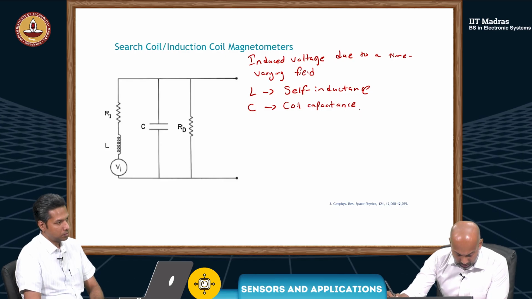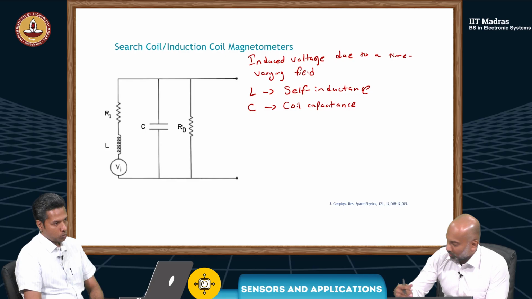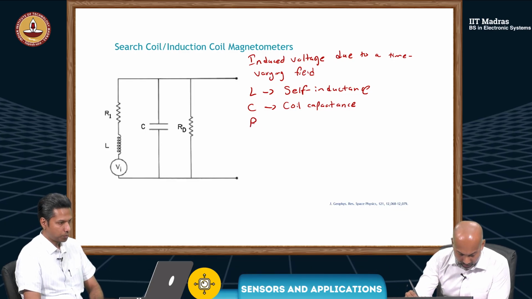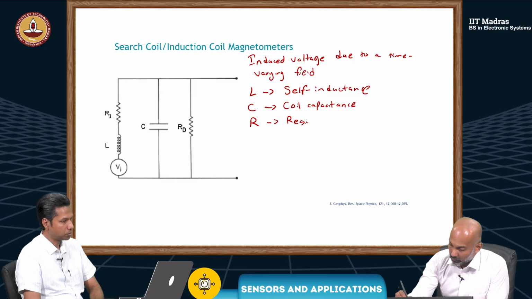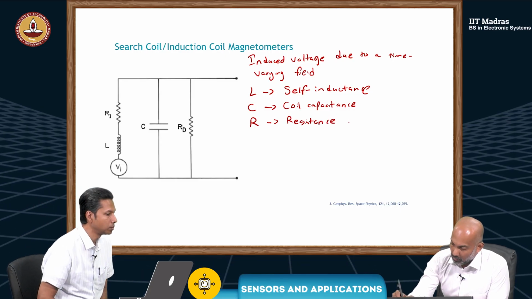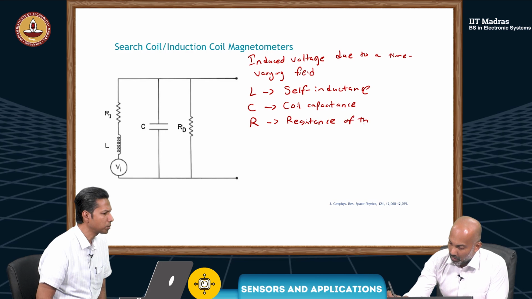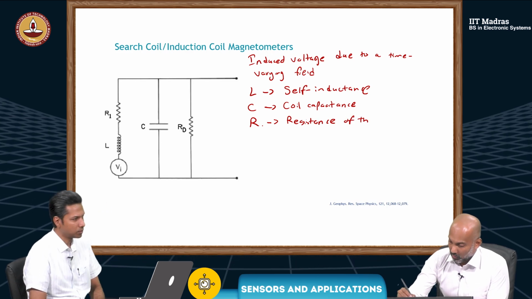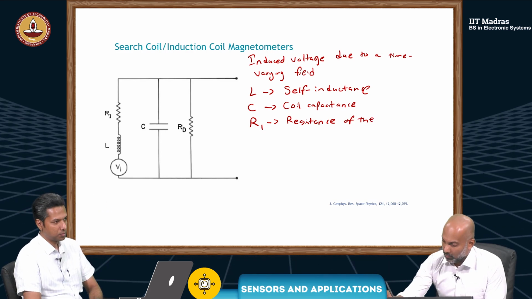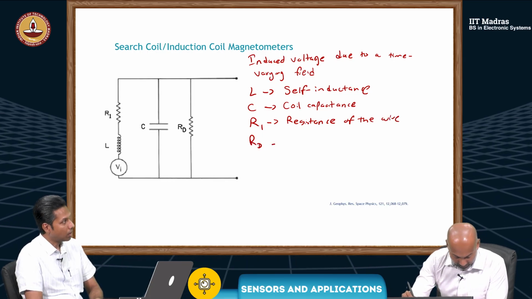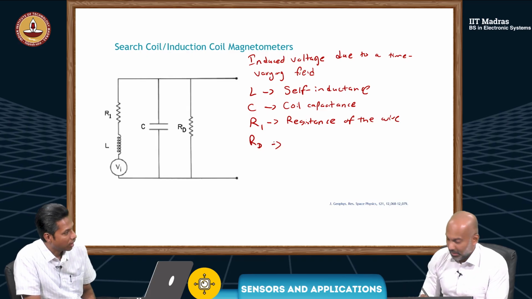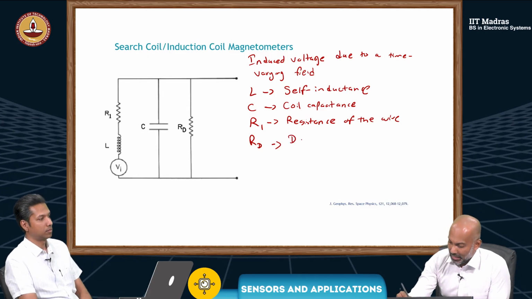That could be due to the number of turns and different layers, right? R1 is the resistance of the wire. What's this, RD or R0? It's written RD, called a damping resistor.